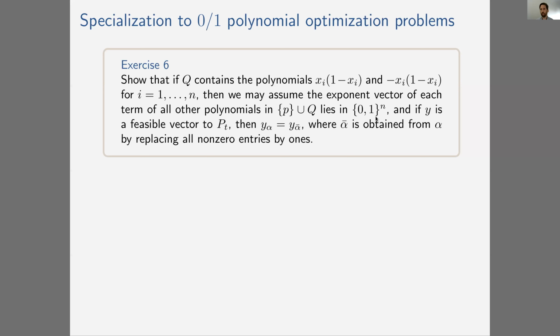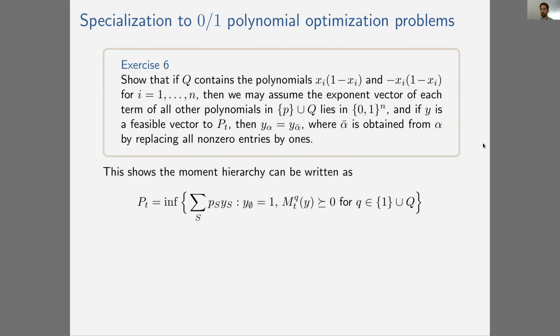So you don't need x_i squared or x_i to the third, etc. in these polynomials. That's quite immediate, but then what's a little bit more work is that you need to show that if y is feasible for the t-th step in the moment hierarchy, then y_alpha is equal to y_alpha-bar, where alpha-bar is obtained from alpha by replacing non-zero entries by ones. It's a bit of a technical thing, but it's useful to do this just to work with the definitions and the notation.